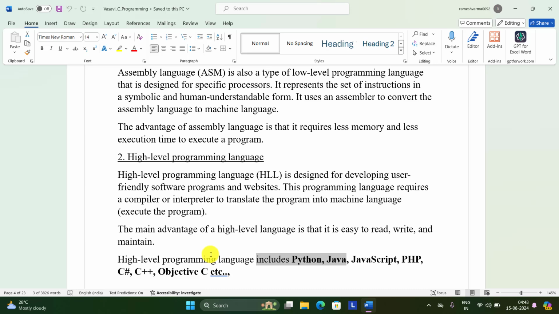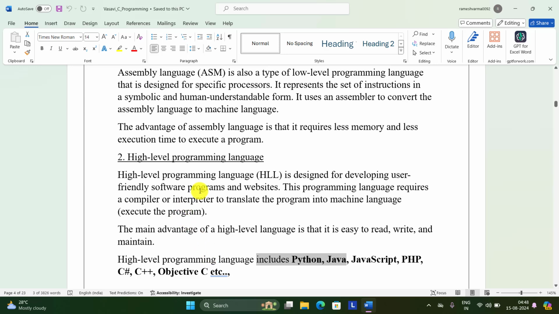So C can be considered as mid-level programming language, but in a nutshell, C is a high-level programming language only. But C has a feature called pointers. By use of pointers, we can directly access memory. So C is considered as mid-level programming language.